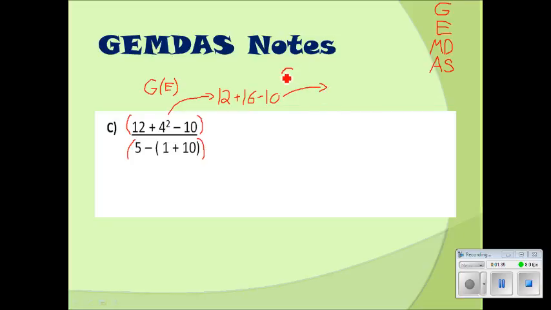So in my group, I look for multiplication and division. There is none. So I can add and subtract from left to right, starting with my addition on the left. 12 plus 16, that's a 28.